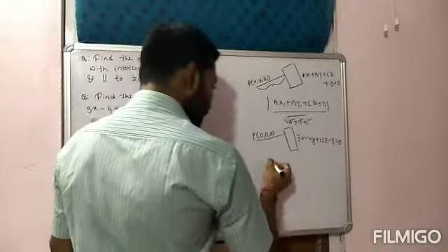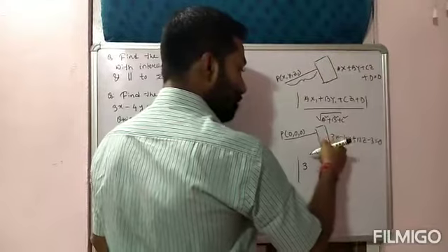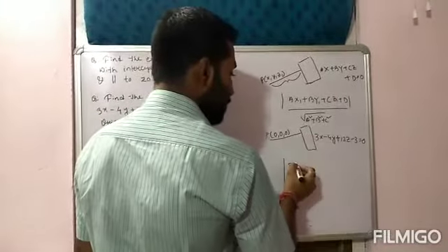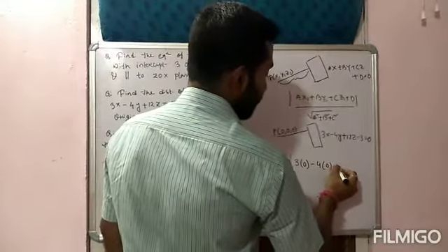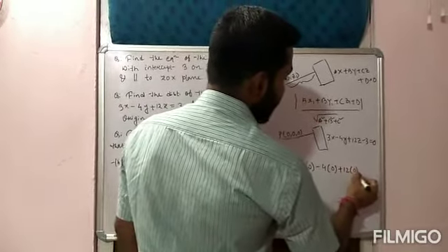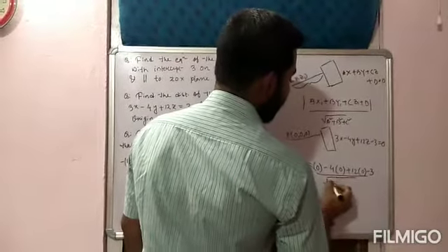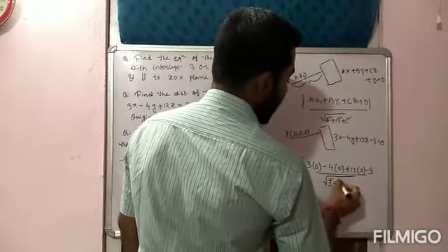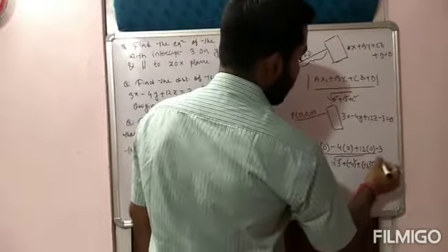So therefore the required distance is modulus of 3 into x1. Here x1 is 0. So 3 into 0 minus 4 into 0 plus 12 into 0 minus 3, whole thing divided by under root 3 square plus of minus 4 whole square plus 12 whole square.